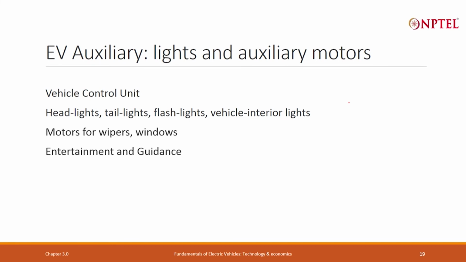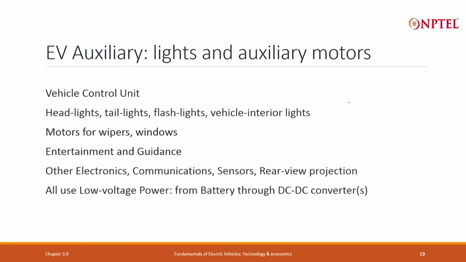Then of course, there is entertainment, there is guidance, which gives you the map of the way, route and things like that. There are other electronics, communications, sensors, rear view projection, all those things are there. They all may consume small energy, most electronics consume little bit of energy. All use low voltage power.